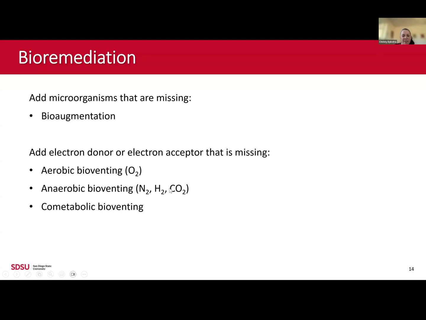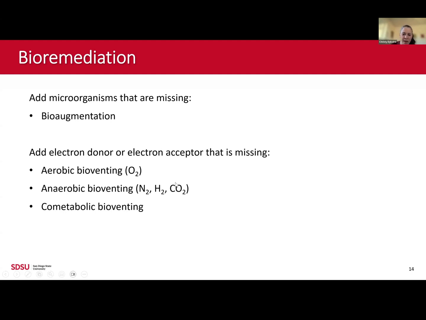So hydrogen tends to be used very infrequently, and if this is needed, they would rather put in zero valent iron, which produces hydrogen at a less quick pace and just supplies it as needed rather than putting in the actual hydrogen itself.